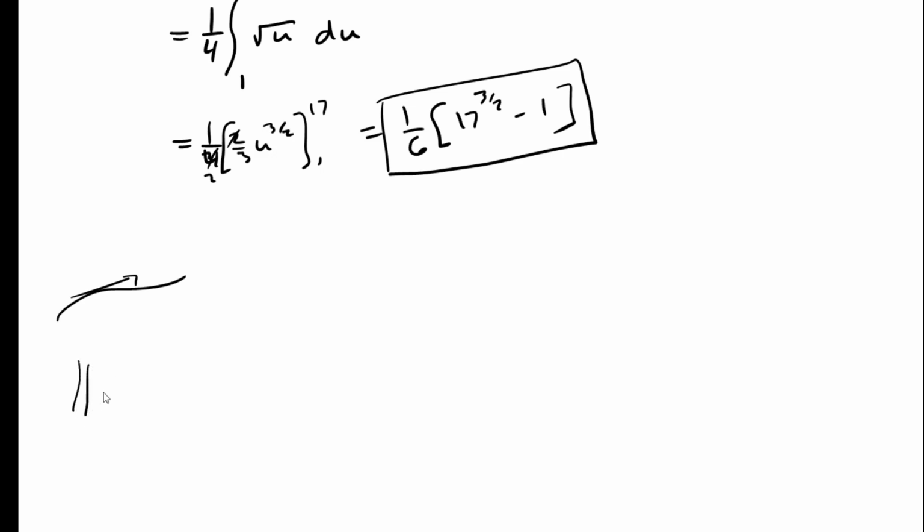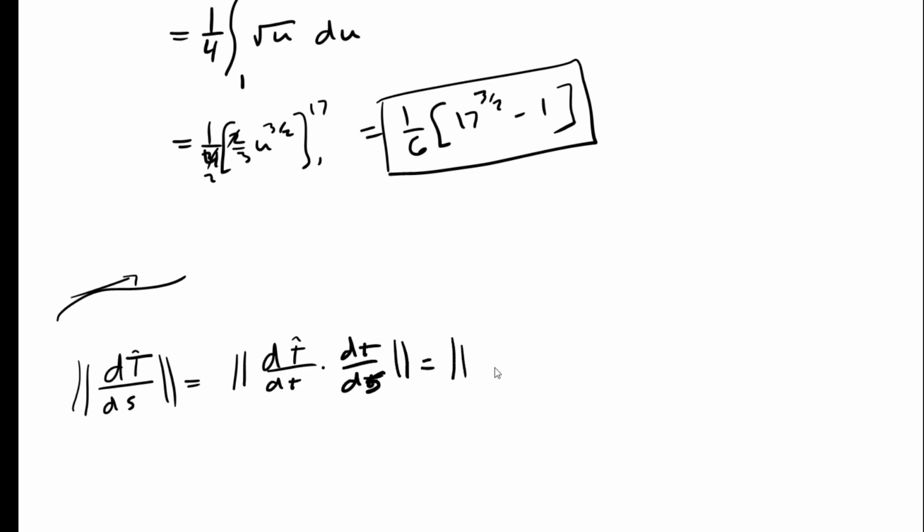So we have this curve, we have the tangent vector. So it was dT/ds. Okay, and then we use the chain rule, so this is dT/dt times dt/ds.